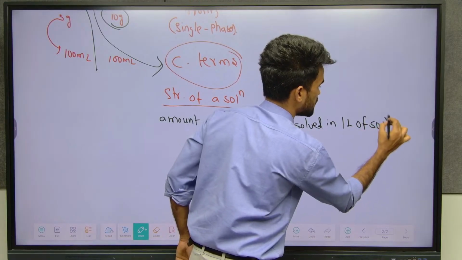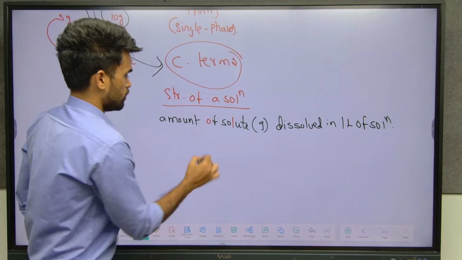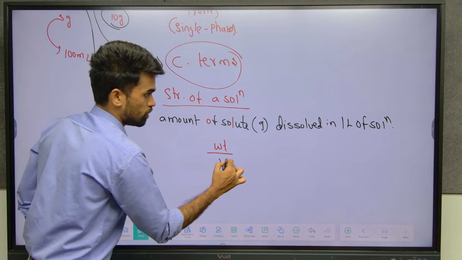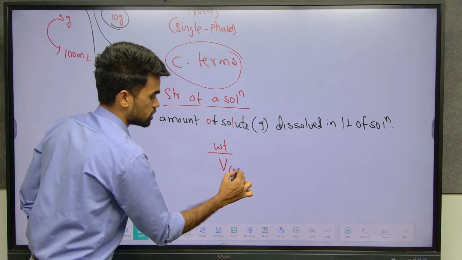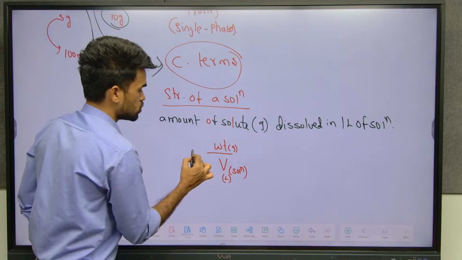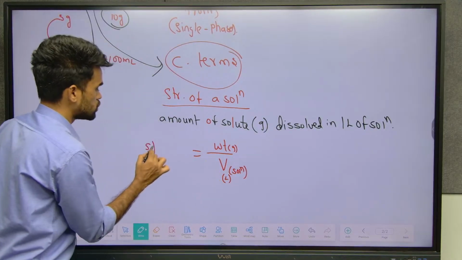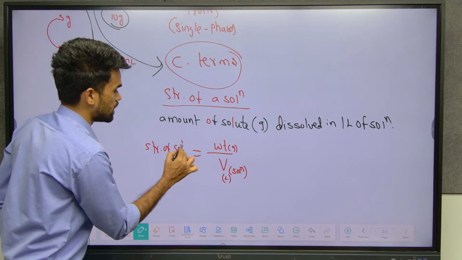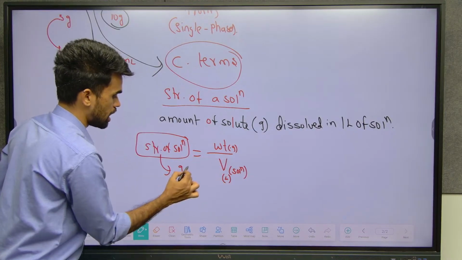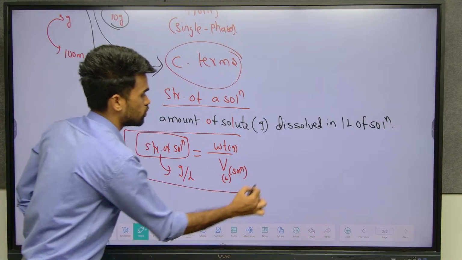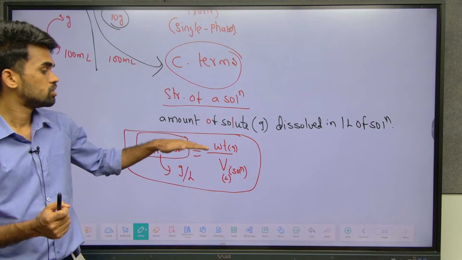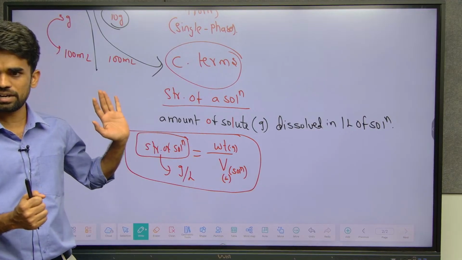Weight of solute dissolved in 1 liter volume of solution. So weight should be in grams, volume should be in liters. This ratio is called strength of solution. So what are the units for strength of solution? Gram per liter. So write this. Once again, tell me, what do we mean by strength of solution? Everyone clear with this? Okay.